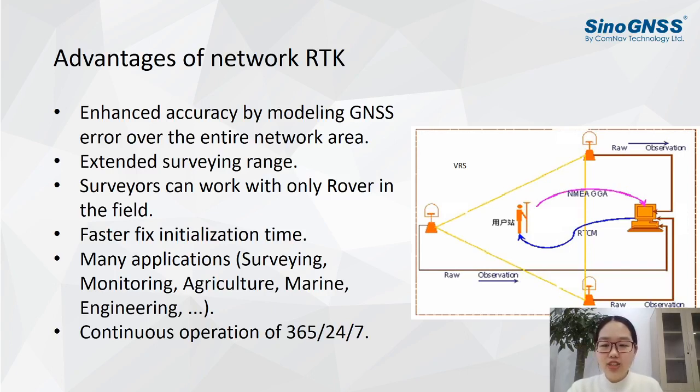Then next, surveyors can work with only rovers in the field. Faster fixed initialization time, and many application supports, including surveying, monitoring, agriculture, marine engineering, and so on. And continuous operation all day, all year.